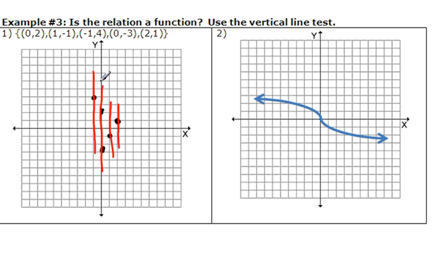So in this case, since this vertical line touches 2 points, it is not a function. Now my reasoning is because it does not pass the vertical line test. So it doesn't pass, I'll use VLT.